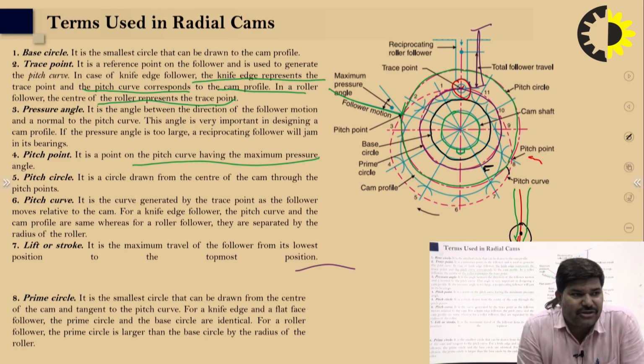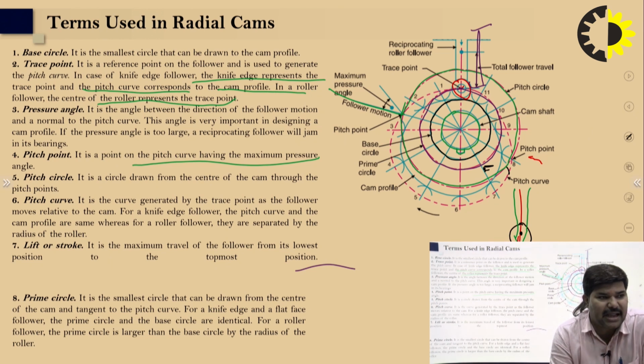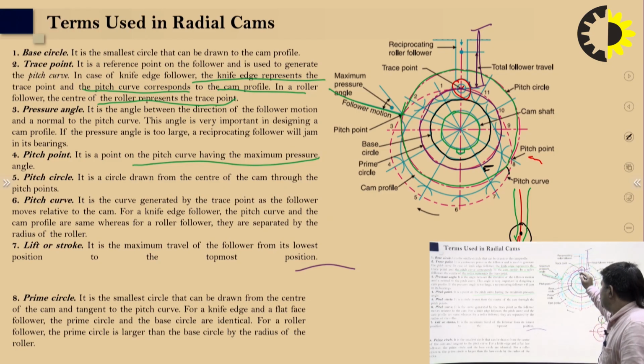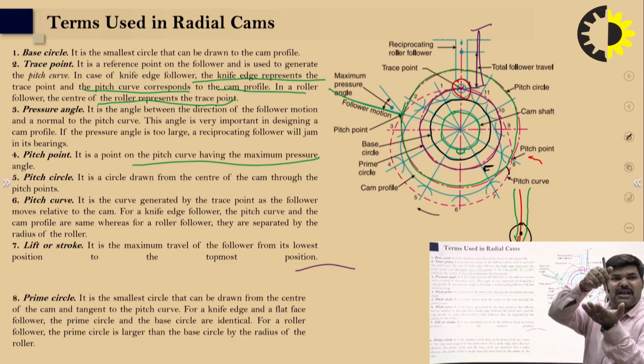Then come to the prime circle. The prime circle is the smallest circle that can be drawn from the center of the cam and tangent to the pitch curve. For the knife edge and the flat face follower, the prime circle and the base circle are identical. So here I draw this with the purple color. This is basically the prime circle, in case of the flat face follower or the knife edge follower.